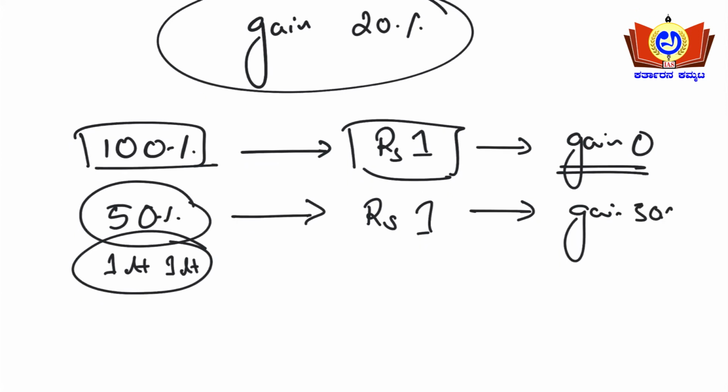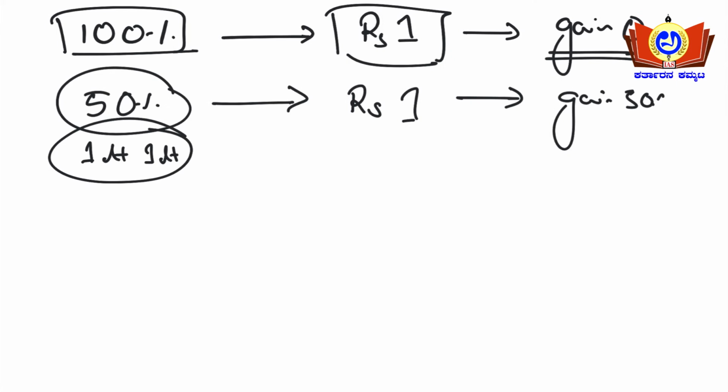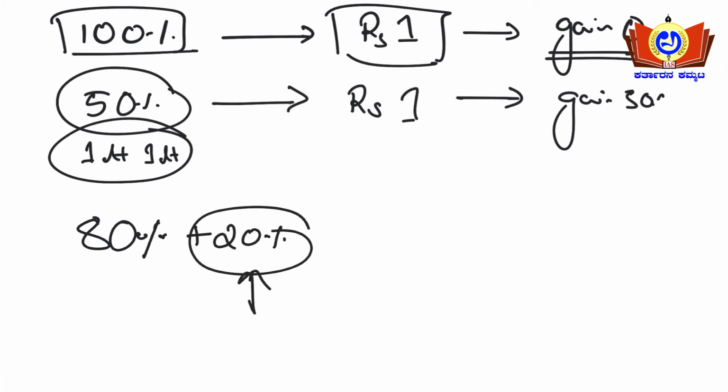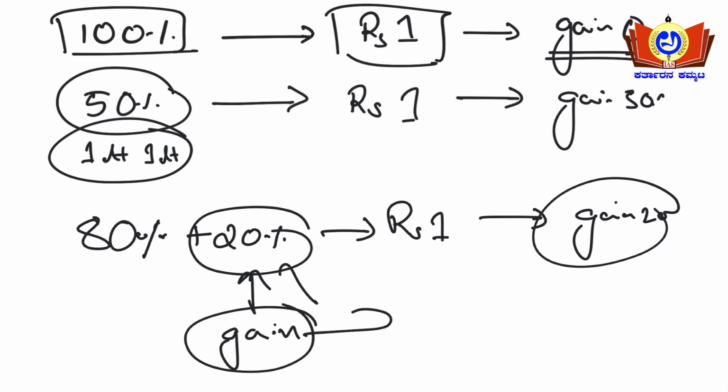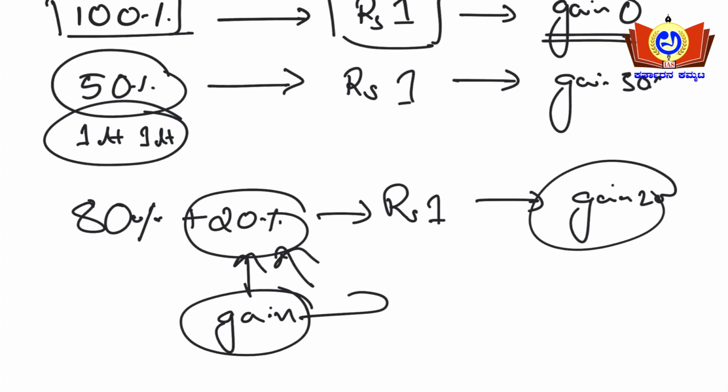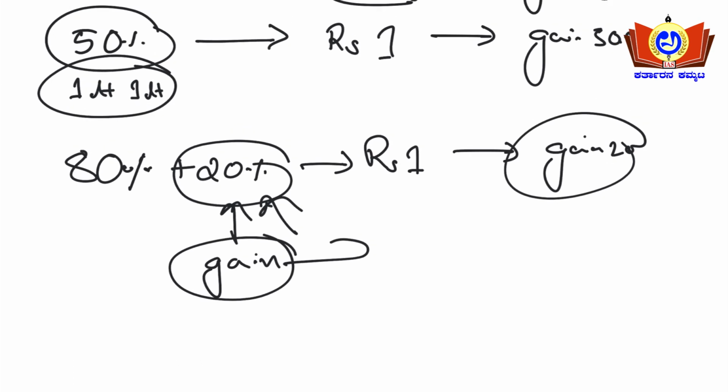Similarly, for 80% purity of milk, that is nothing but 20% shall be water, right? This water he is getting free of cost, so this is the gain here. 20% is the gain. So if he sells it for rupees 1, the gain shall be 20%. So you got it right. This is the concept I was explaining.